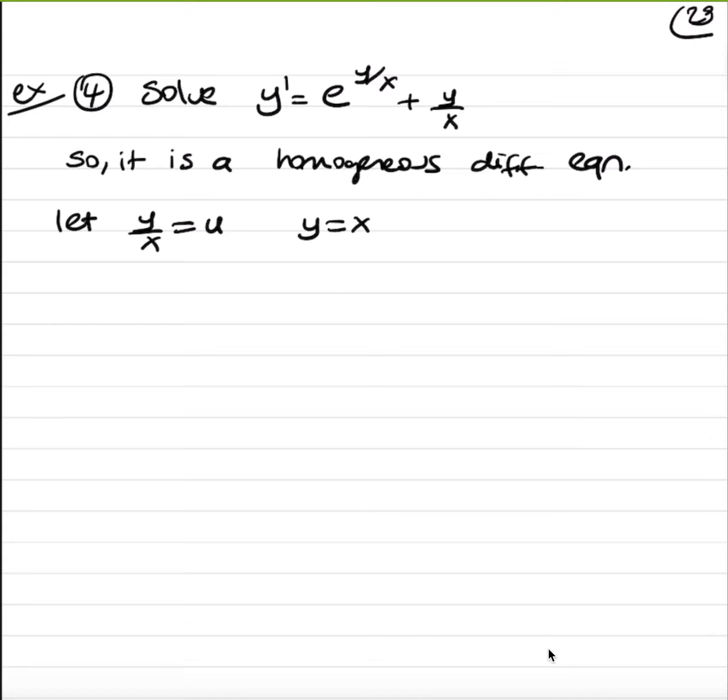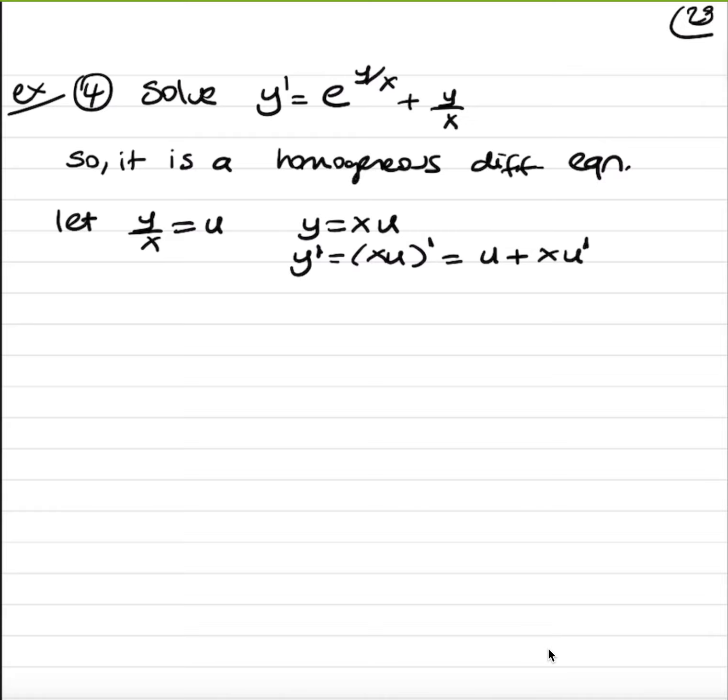So y is equal to xu, and we take the y prime, which is the product rule. The derivative of x is 1, so 1 times u plus x times u prime.